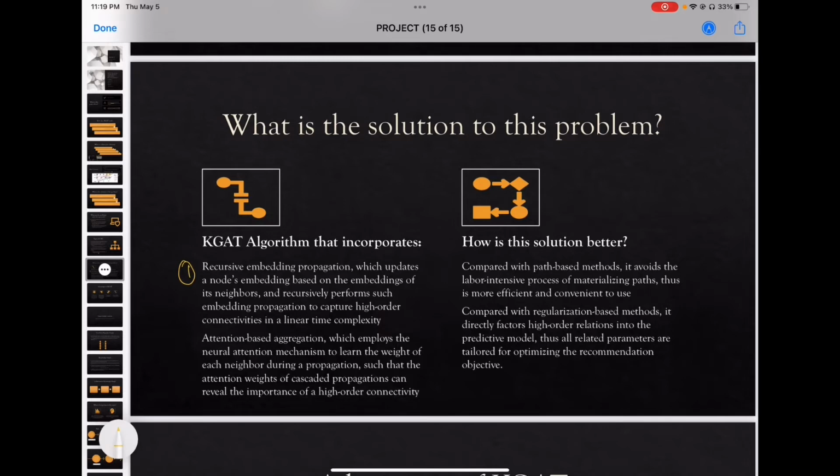So the weight of the node essentially depends upon the weights of the neighbors of the node's neighbors. The second one is attention-based aggregation, which employs the neural attention mechanism to learn the weight of each neighbor during propagation. Essentially, we are trying to learn what the weights of each of these neighbor nodes are, and we use an attention-based aggregation algorithm to do so.